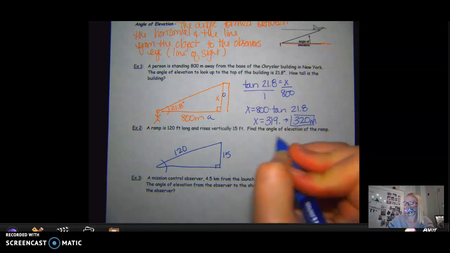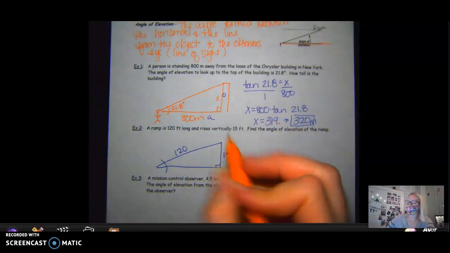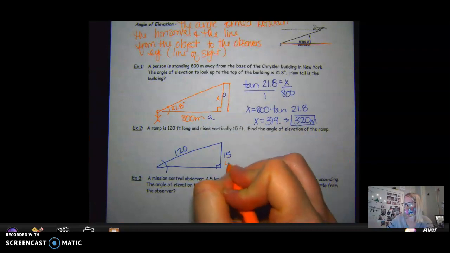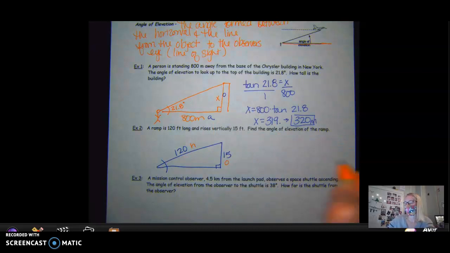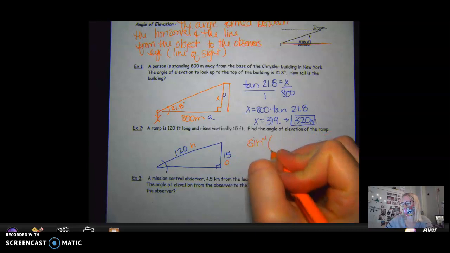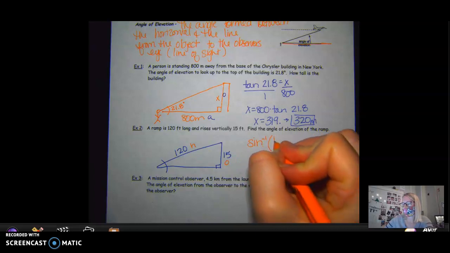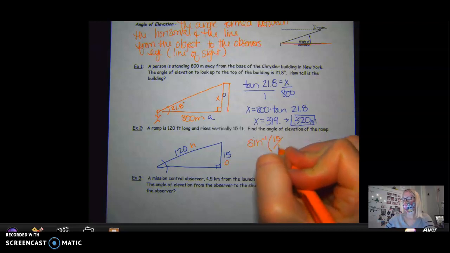So here's my angle. This is what compared to my angle? The 15 is what compared to the angle? Opposite. 120 is? Which one uses O and H? So sine inverse of what over what? I'm sorry, 15 over 120. Yep.